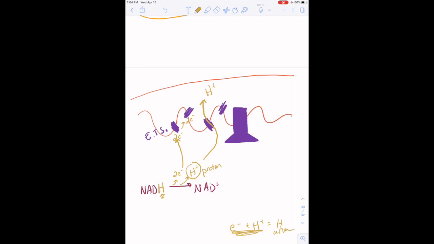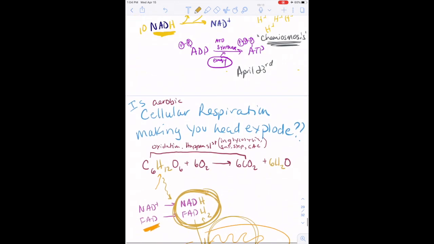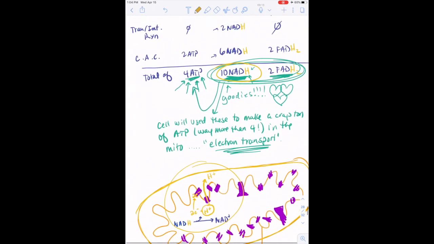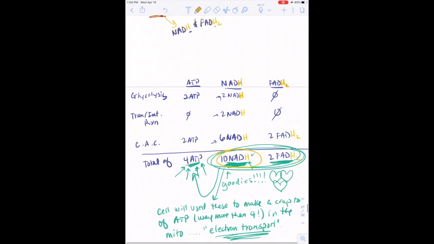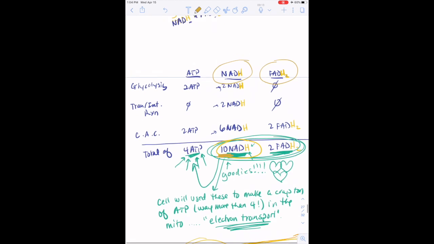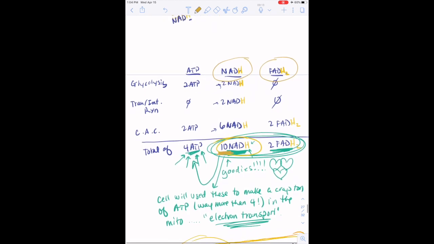All right, but remember, way back here when we added all this stuff up, how much NADH and FADH2 we got out of that? We got 10, remember? 10 NADHs out of one molecule of glucose.